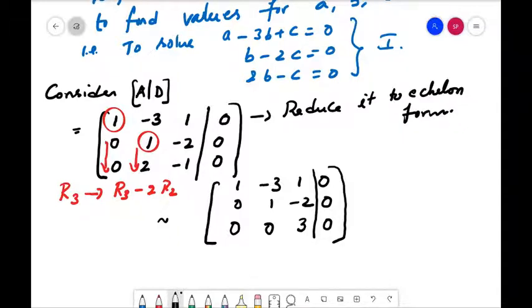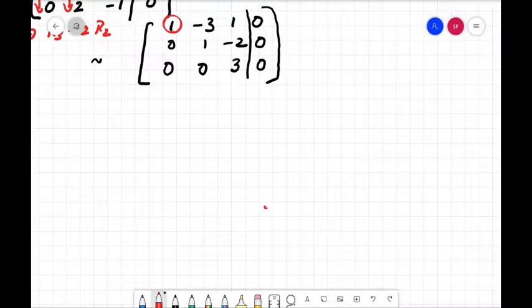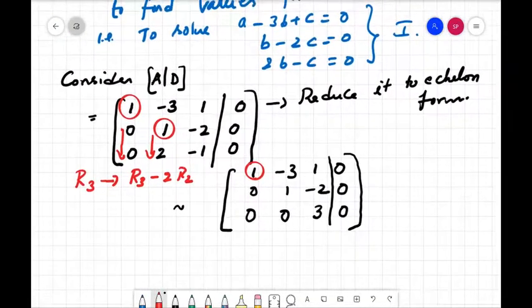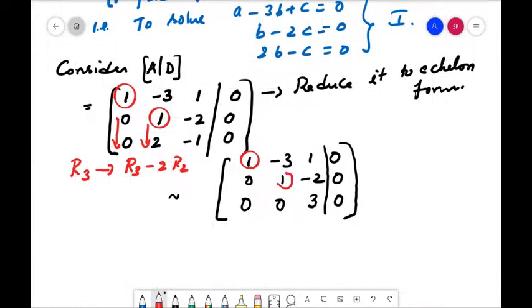Now again let us mark the pivot positions. This is a pivot here, and this is a pivot for me. And this column, because it is an augmented matrix, we don't consider. If we were not taking an augmented matrix, only the vectors, then we would consider this last column also.